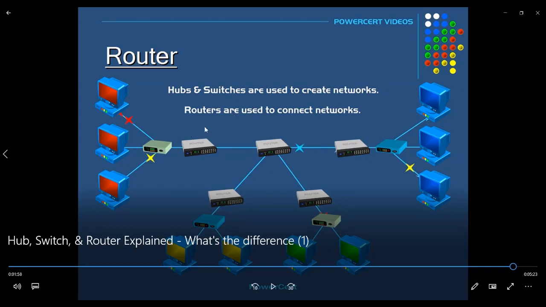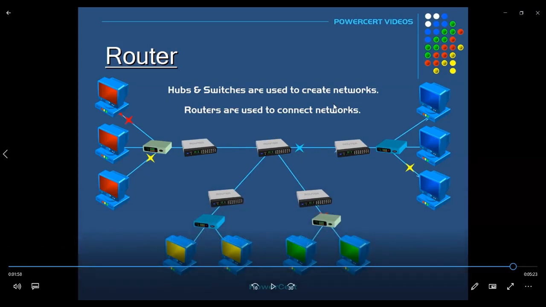In switching, there are different types of switching methods. And when it comes to routing, there are also different types of routing, right? So we'll discuss them later. Routing can be divided into different types: static routing and dynamic routing.